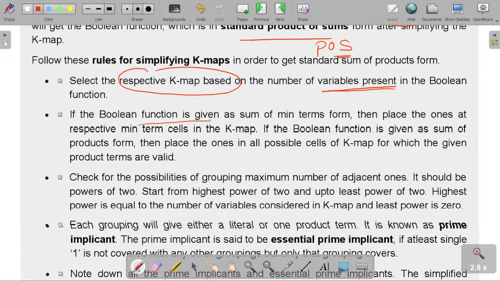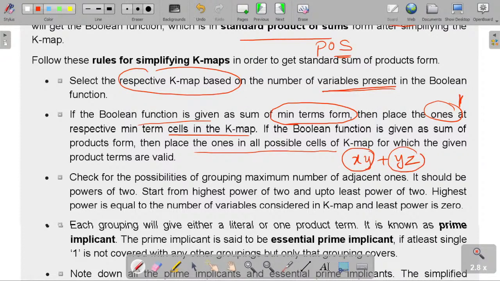If the Boolean function is given in sum of minterms form, then place logical ones at the respective minterm cells in the K map. If the Boolean function is given in sum of products, SOP form, then place the ones in all the possible cells.